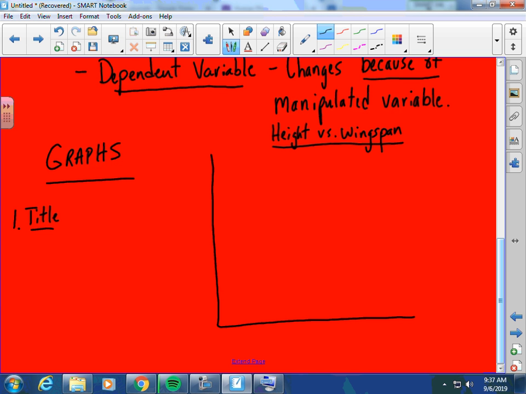The second thing I need to do is identify the axes. This looks like axes, but it's the plural form of axis. So we have two axes, one that goes up and down like this. If you're in math, you might see this as a big plus sign almost, because it involves negative numbers too in math. But in science, a lot of times we just deal with the positive. So we make a graph like that.